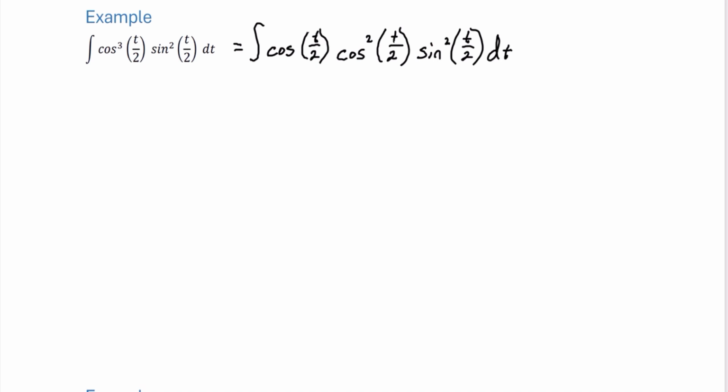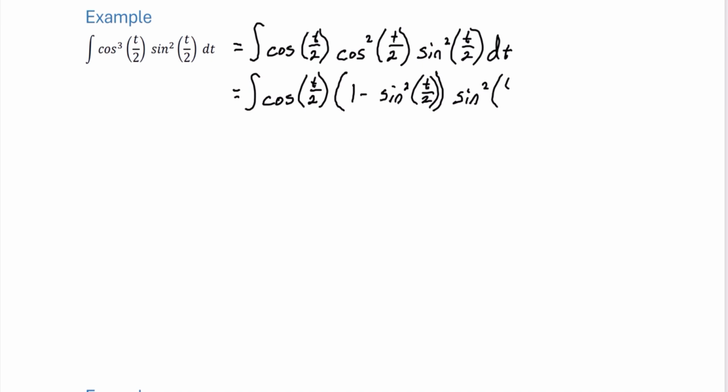Next, we'll use the Pythagorean identity to rewrite that cosine squared in terms of sine. So we can replace cosine squared with 1 minus sine squared t divided by 2, and bring down the sine squared t over 2 dt.